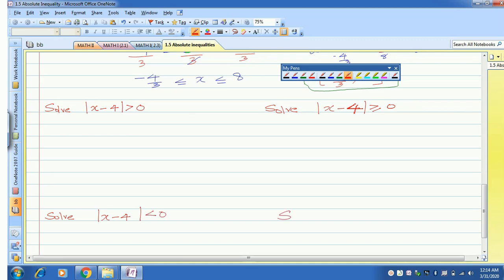And here, absolute value of x minus 4 less than or equal to 0. See the difference between the 4 problems. We have 4 different types of problems. Just note this down. What is the difference between the 4 problems here?